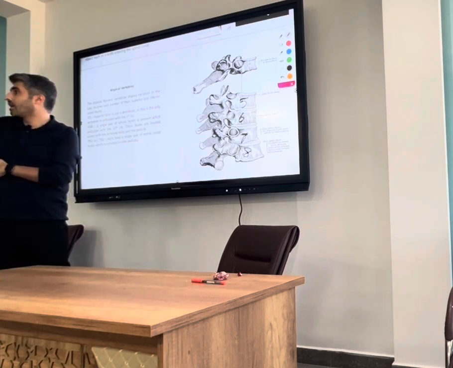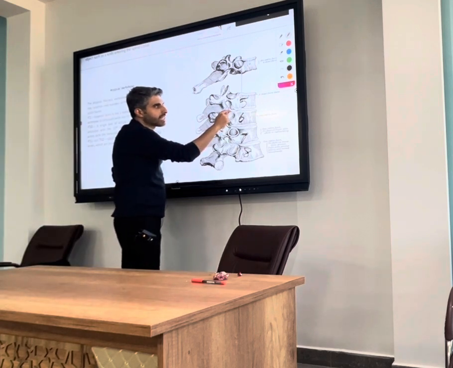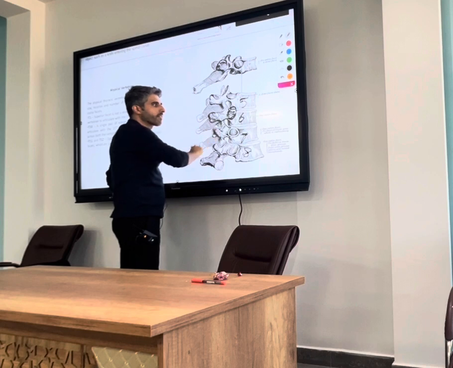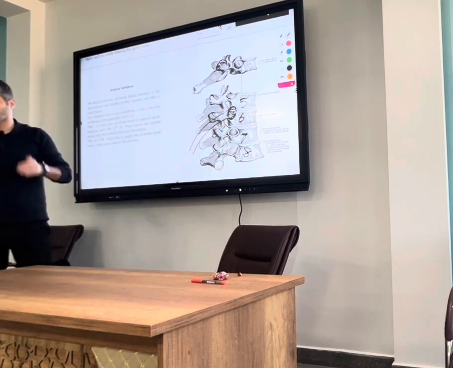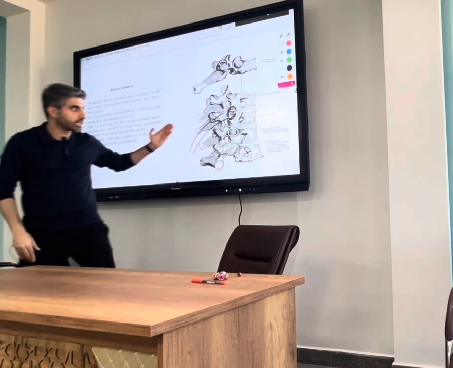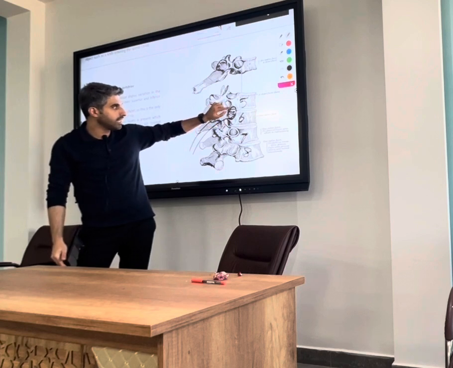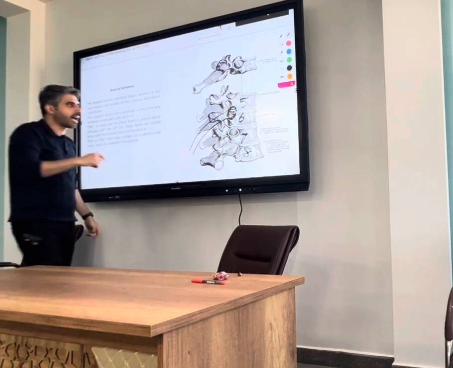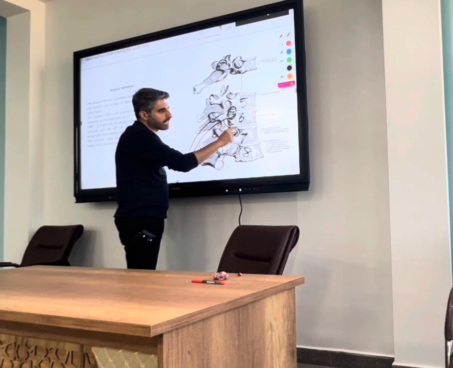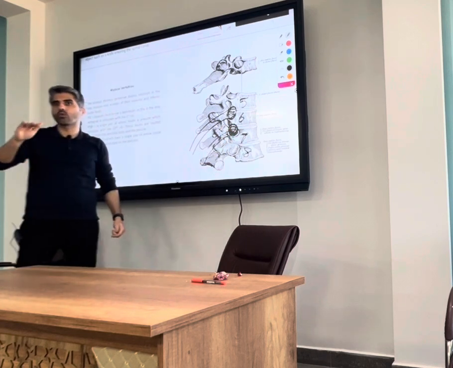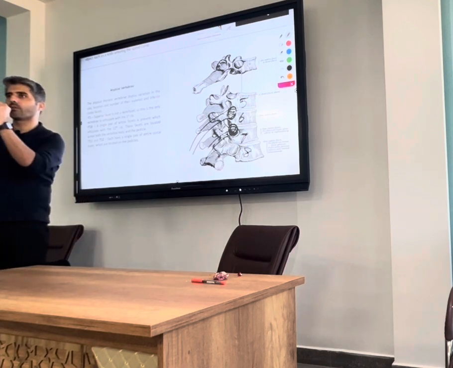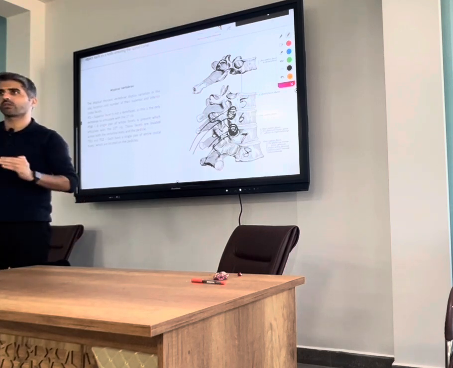Rib number 6 attached to T6 and a little to T5. Rib number 7 attached to T7 and a little to T6. This is normal condition. One rib attached to the same number and a little superior.